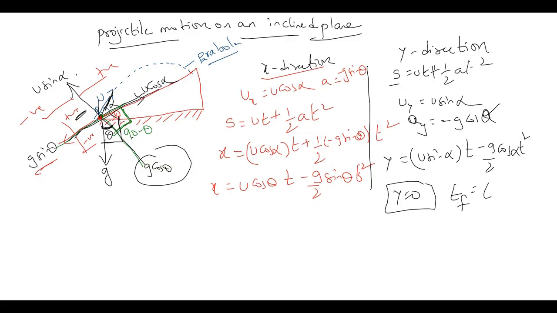Then what will happen? In this case, u sin alpha into time of flight is equal to g by 2 cos theta into time of flight square. From this, if you cancel one time of flight, then time of flight will become 2u sin alpha by g cos theta.